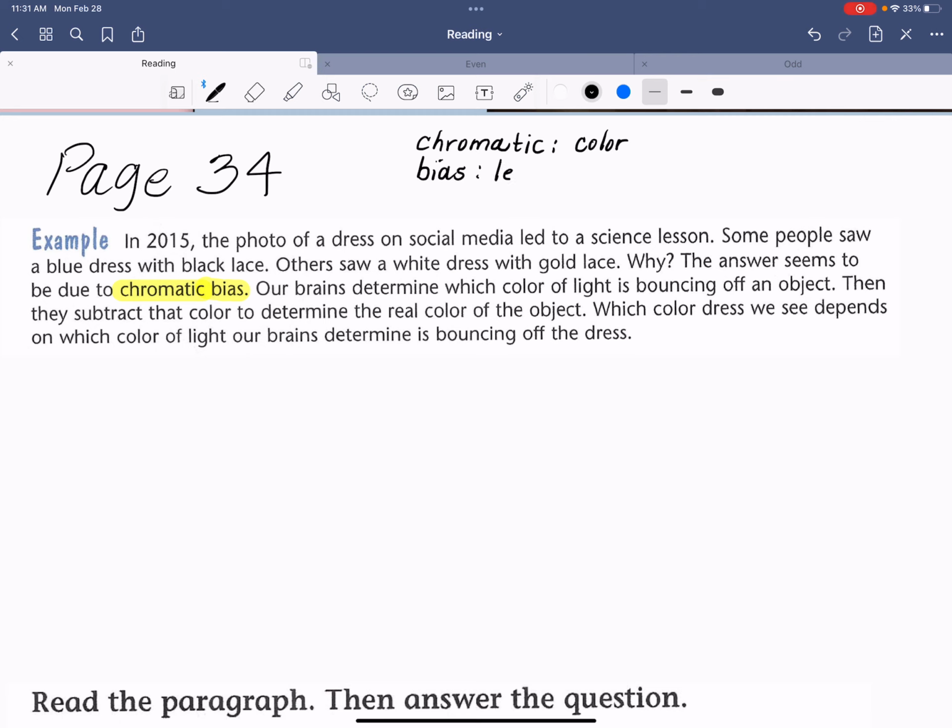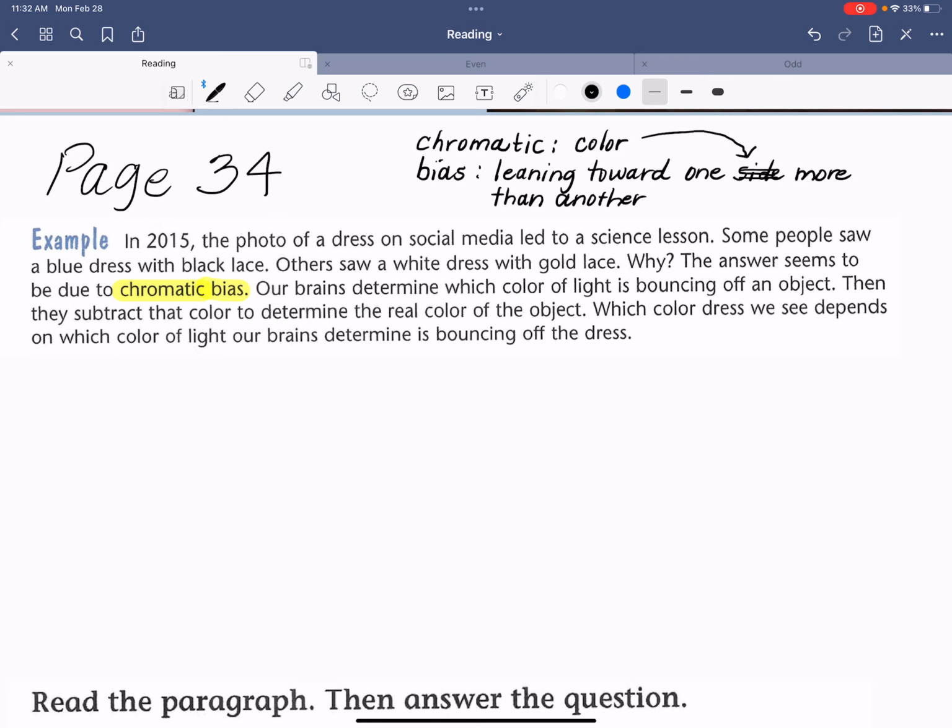Bias is leaning toward one side more than another. So instead of side, if we substitute the word color, chromatic bias is leaning toward one color more than another.